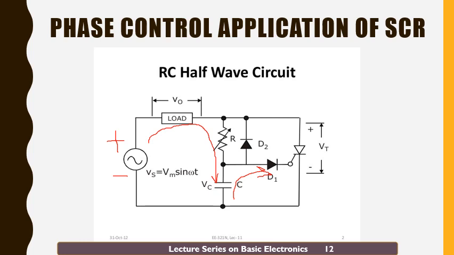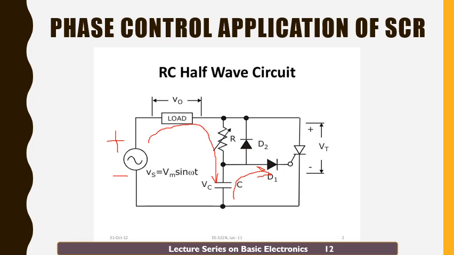So the capacitor discharges and the diode conducts. Whenever the diode conducts, it allows current to flow through it. The current passed through the diode acts as a gate current, and because of that gate current, your SCR turns on, and we get it in the on condition.